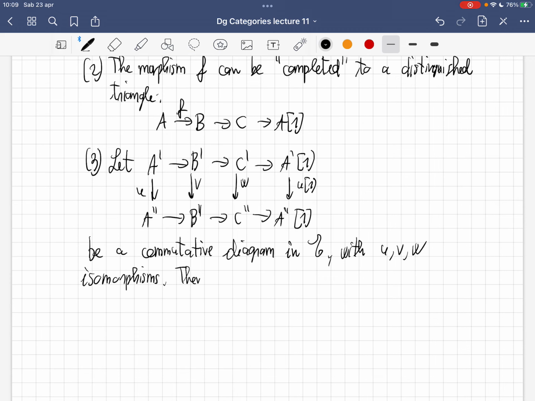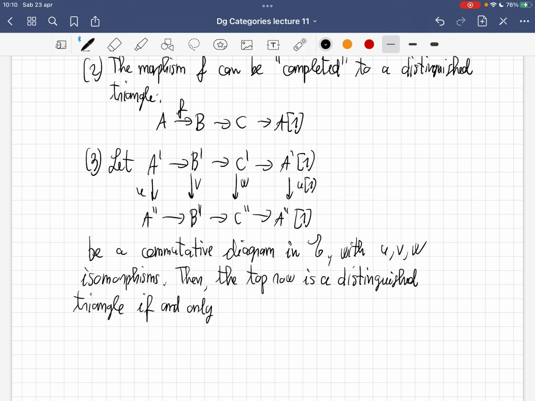then the top row is a distinguished triangle if and only if the bottom row is.